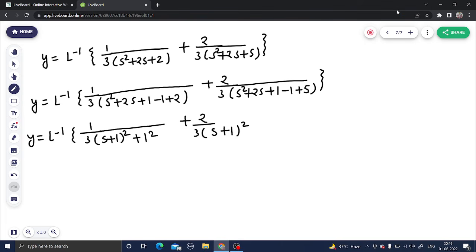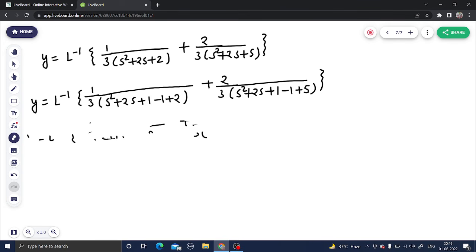And wait, this will create confusion for you, so it is better to take the 3 out. Let's break it into two Laplaces.